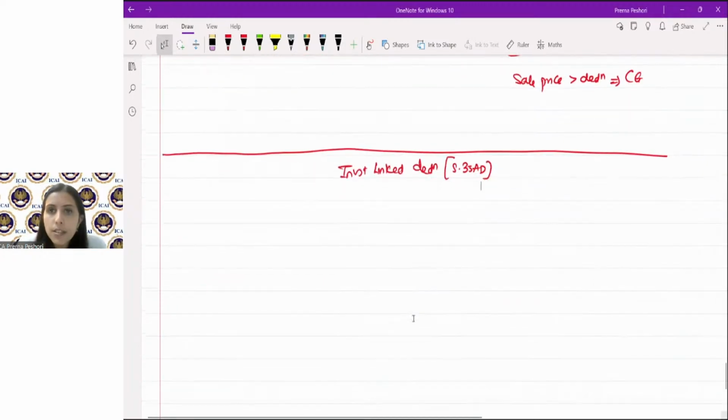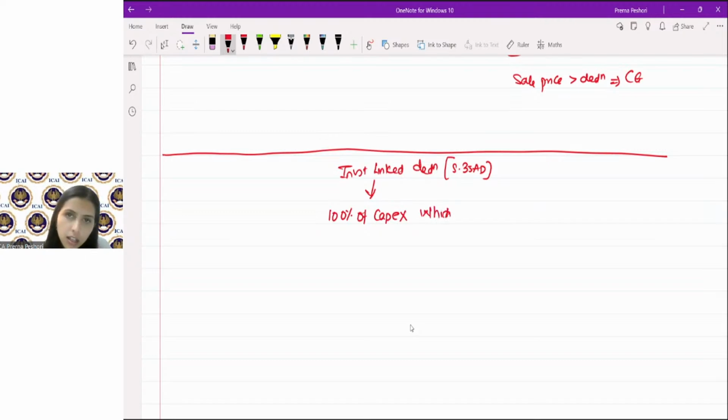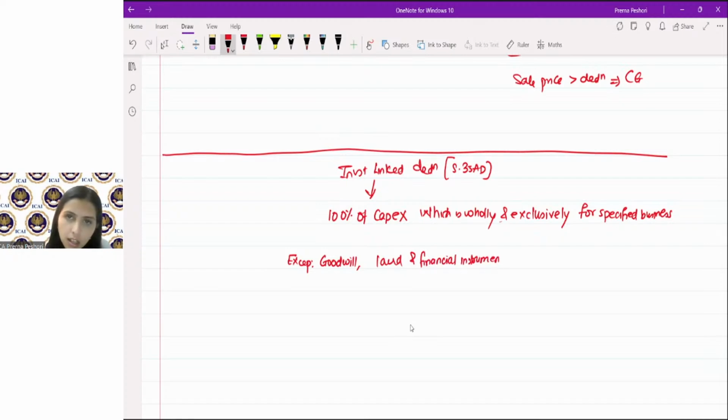Now, what is the deduction under this particular 35AD? 100% of capital expenditure wholly and exclusively for the specified business, except goodwill, land, and financial instruments, as well as assets purchased in cash greater than rupees 10,000.